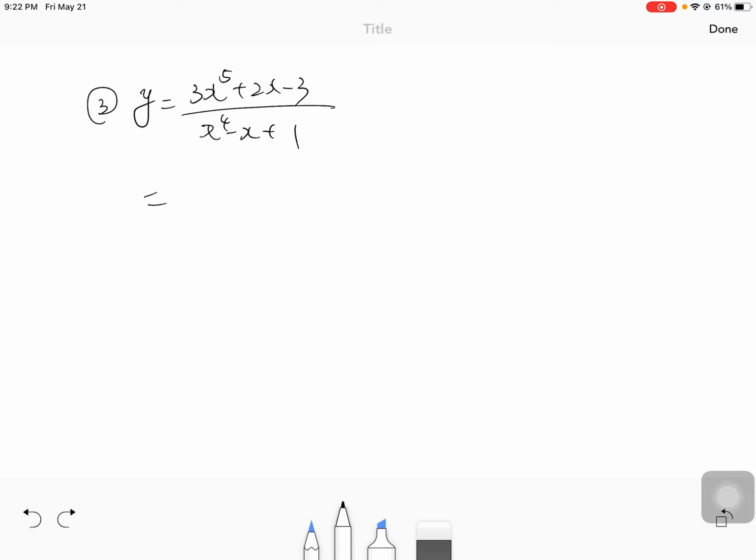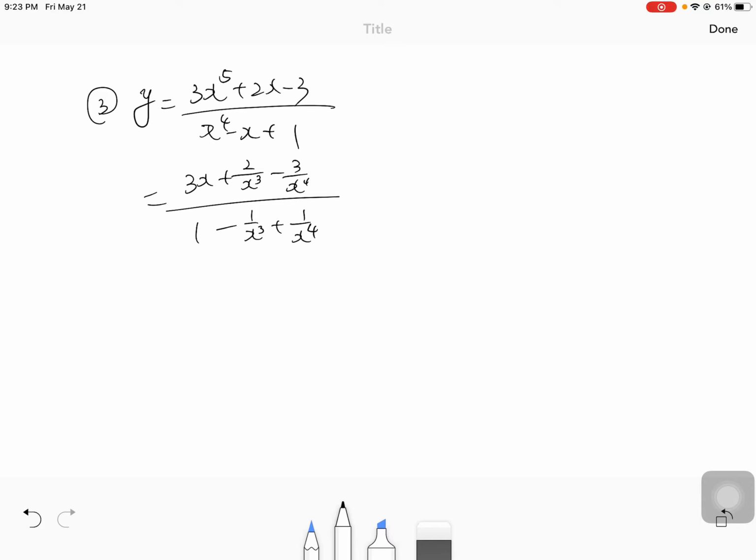So let's do it. 3x plus 2 over x cubed negative 3 over x to the power 4, over 1 minus 1 over x cubed plus 1 over x to the power 4.